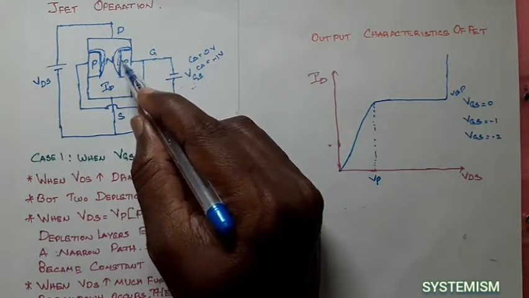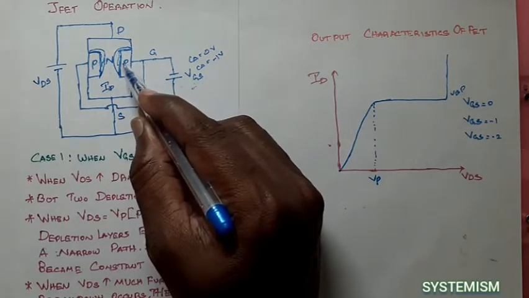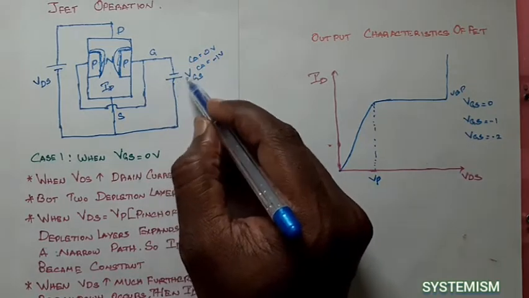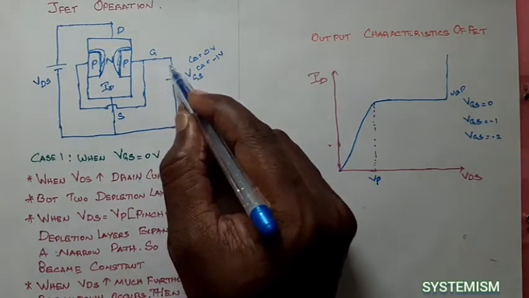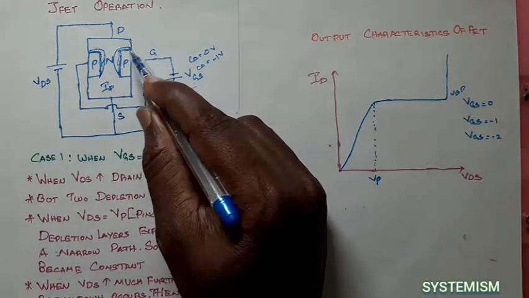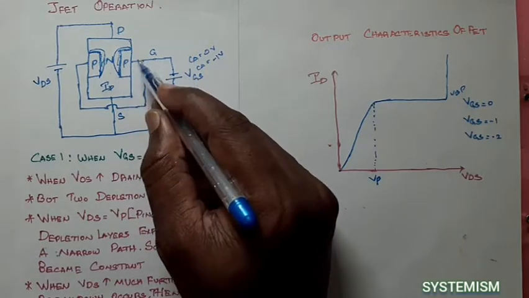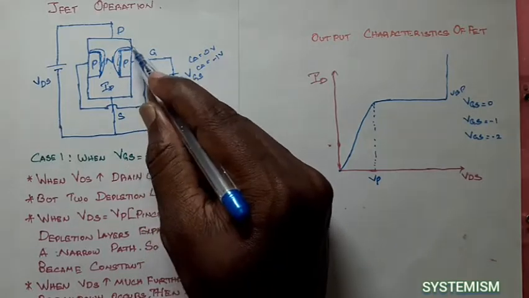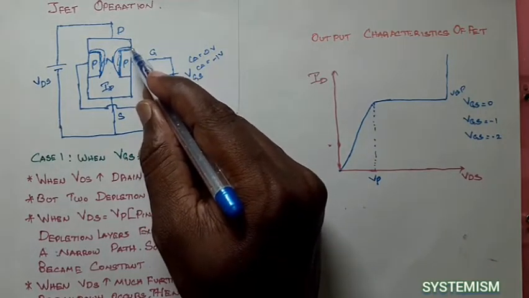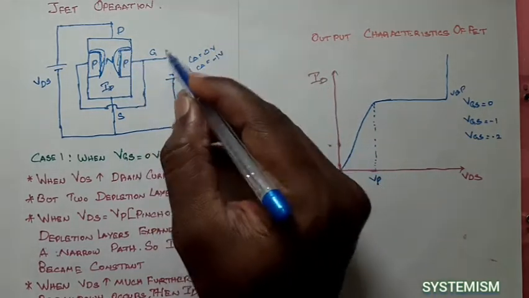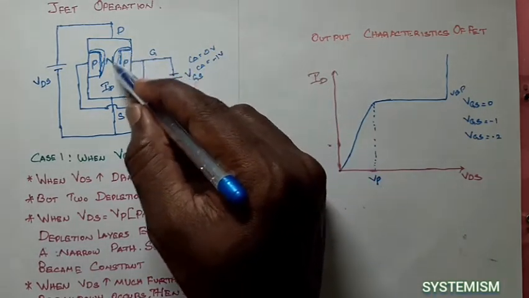What happens to the junction between this P and N layer? At the initial stage itself, we are providing a negative voltage to the P-type layer, which gives reverse bias right at the start. With reverse bias at the initial stage, the depletion layer expands before starting the experiment itself.